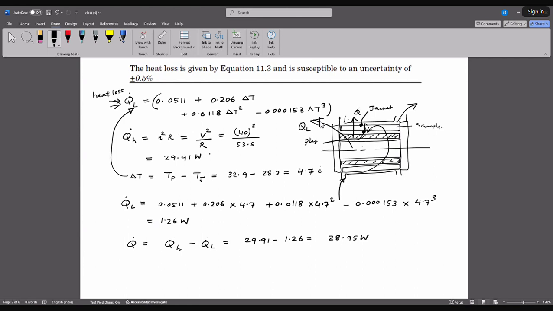Now, similar to the previous case, we have an expression for thermal conductivity, and it is one-dimensional heat transfer.